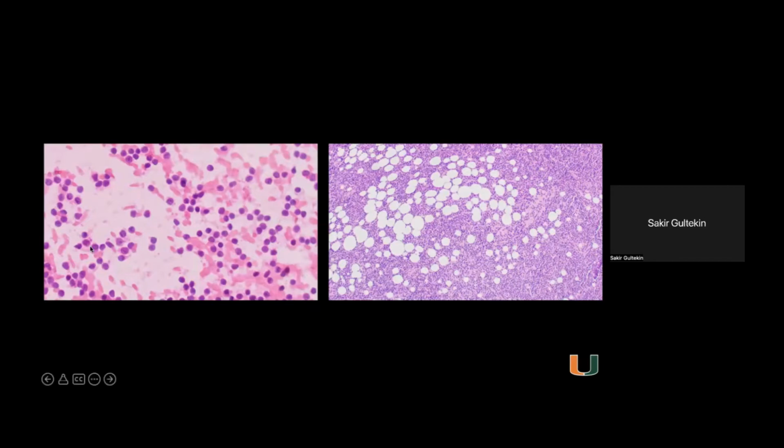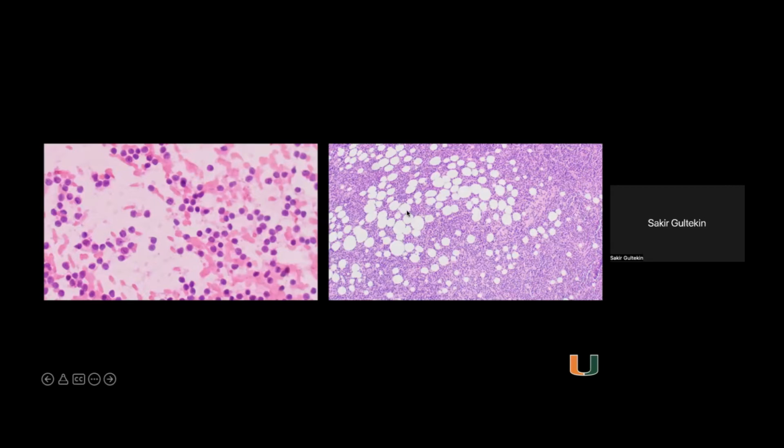There is no evidence of granulomas here or any epithelial tumor like carcinoma, ependymoma, etc. On the right side, there is some highly cellular process infiltrating fat. Those white round spots are epidural adipose tissue.